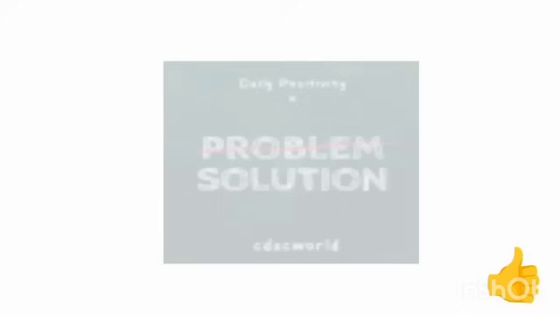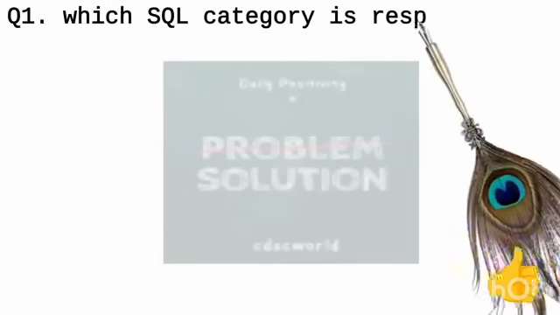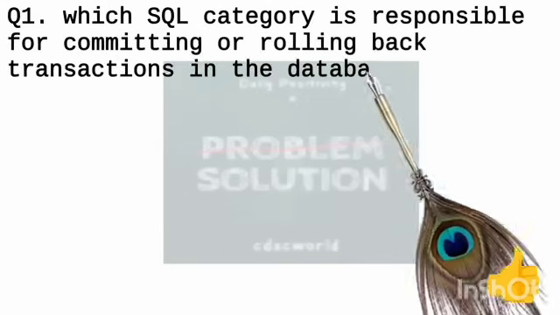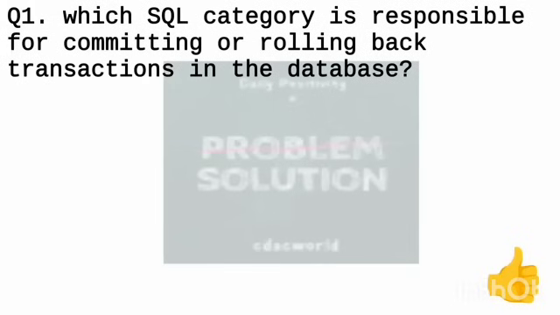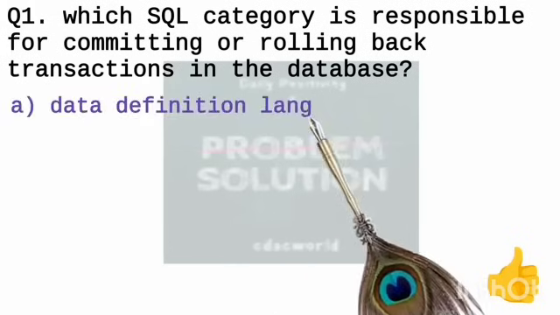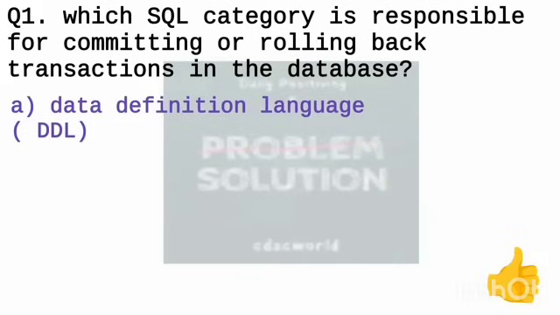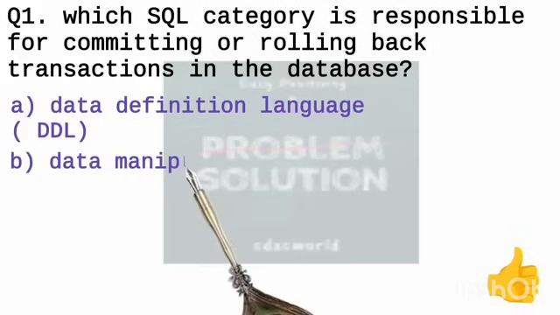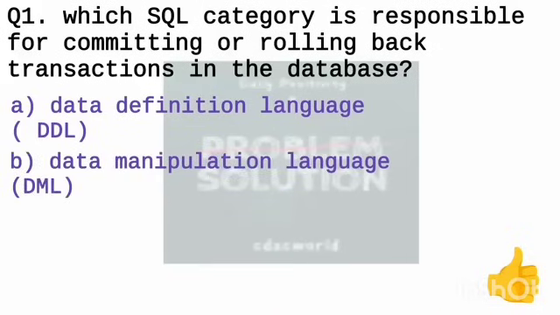Good evening everyone. This is the 5th series of DBMS MCQs. Now query 1. Which SQL category is responsible for committing or rolling back transactions in the database? Option A, data definition language. Option B, data manipulation language.